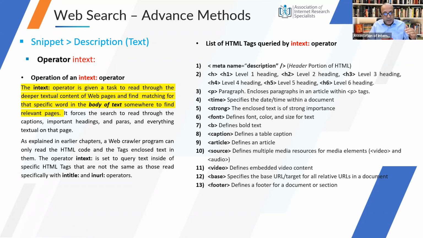So body of text basically includes the description tag at the meta layer, and everything else under the header up to where the footer ends on that page. So that's all going to be body of text.